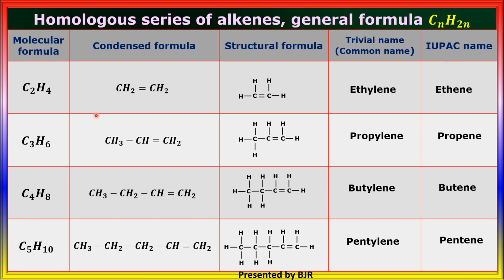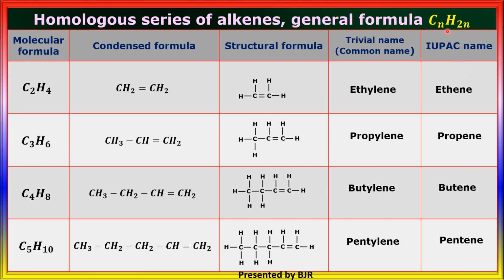So the first stable member of the alkene series starts with C2H4. Okay, so when n is equal to 2, we get ethene. When n is equal to 3, we get propene.